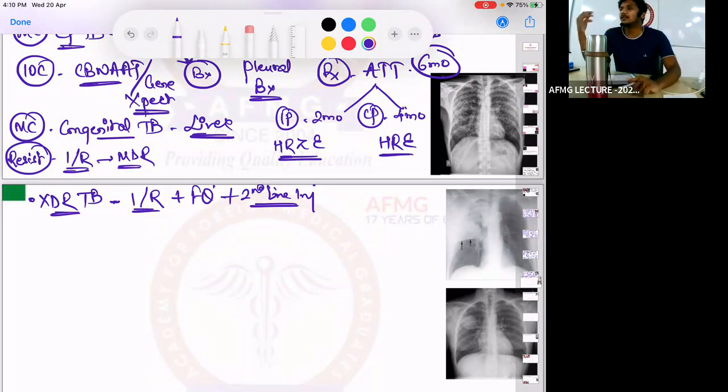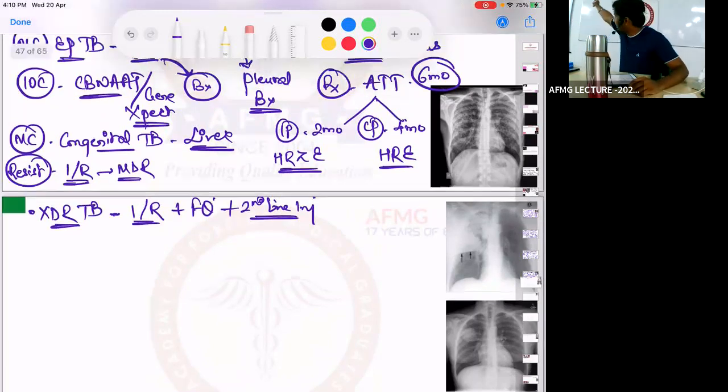TDR means that TB is not responding to any of the available drugs in the market. In XDR TB the new drug which is used is bedaquiline, or sometimes delamanid. Question was asked, therefore I told you.